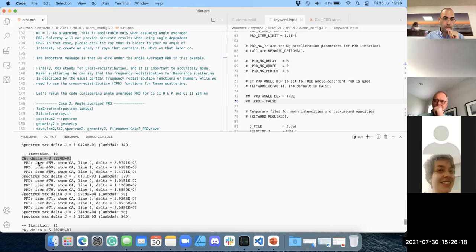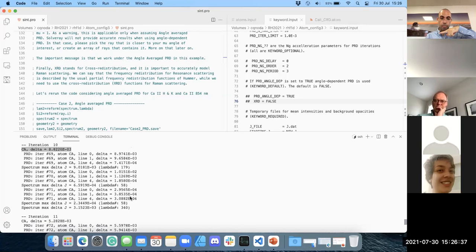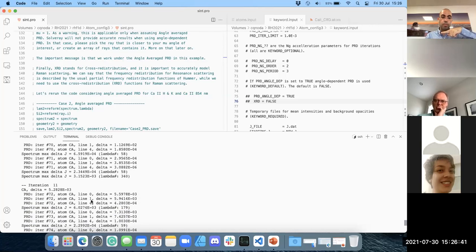You can see the PRD iteration, and then there's also a delta value, okay? So then we solve the populations, we enter in the radiative transfer equation, and now we start iterating PRD. And this is for a given solution of the statistical equilibrium equations. We iterate until we reach the accuracy that we are asking, and then we run a new computation of the statistical equilibrium equation, and it's this one.